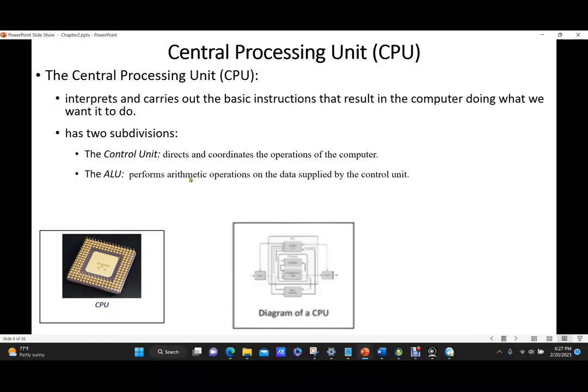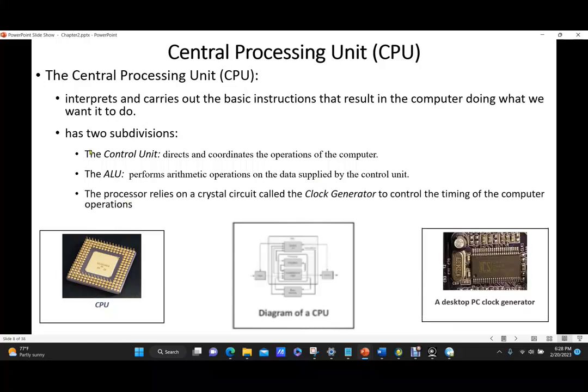A CPU has two subdivisions, control unit and arithmetic logic unit. The control unit directs and coordinates the operations of the computer, and the ALU performs the arithmetic operations on the data supplied by the control unit.